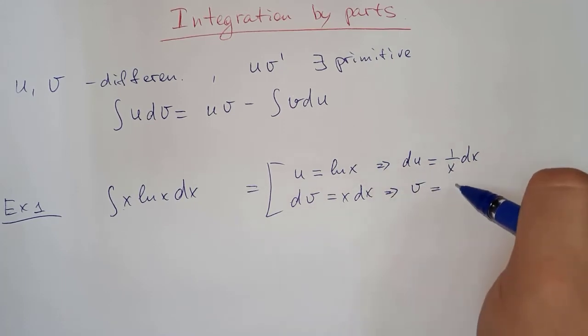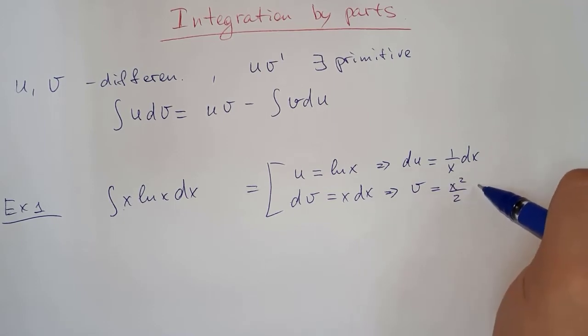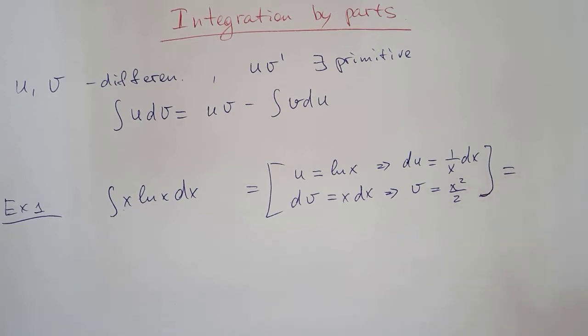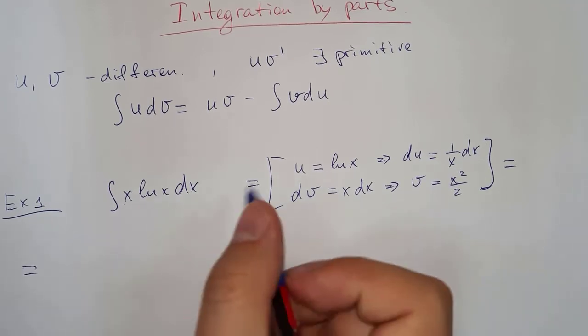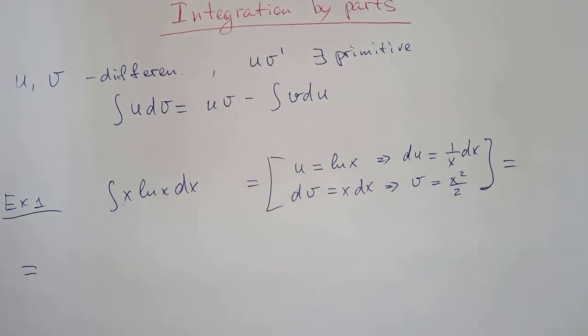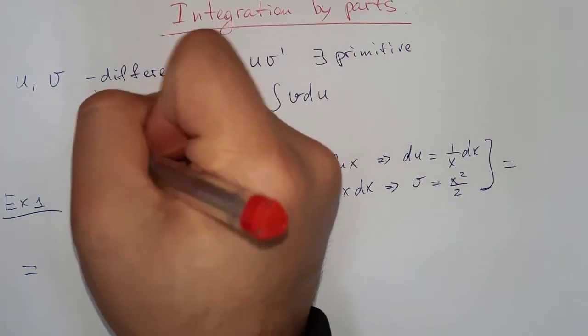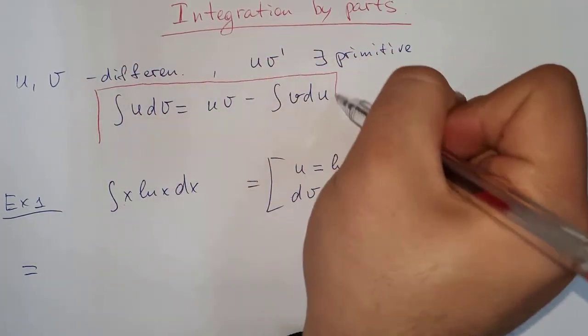So this is x squared over 2. This is v. And now let's continue and put this into the formula. This is the main formula for us now, integration by parts.